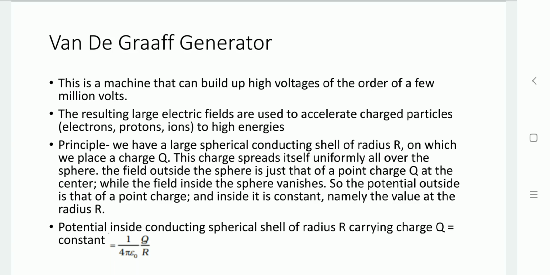Here R is the radius. Now a small sphere of radius r, carrying some charge q, is taken into the large one and placed at the center.